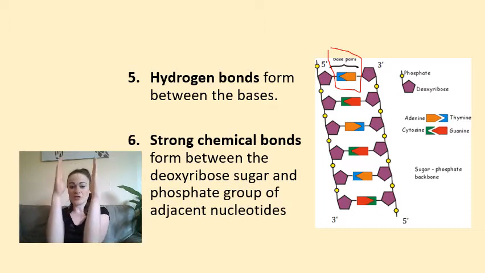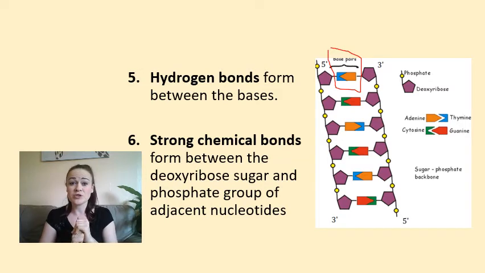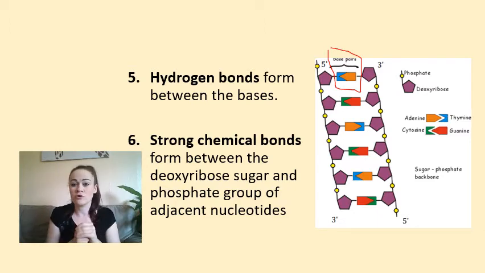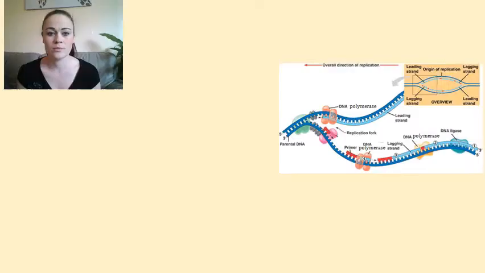Once we've got our hydrogen bonds in there, what we'll then have to do in the new strand is those strong covalent chemical bonds will have to form between the nucleotides. Remember how DNA has got hydrogen bonds between the bases, but between the deoxyribose sugar and the phosphate of the other nucleotide, there's a nice strong covalent bond. So in that new strand, those strong chemical bonds are going to have to form as well.